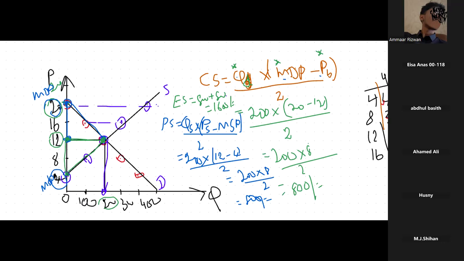Anybody having doubts in CS and PS calculation? If you have anything, please let me know. Are you okay with the consumer surplus and producer surplus?